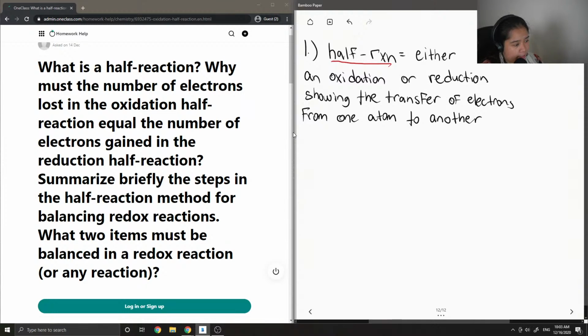So just to answer the second part of the question, why must the number of electrons lost in the oxidation equal the number of electrons gained? Electrons lost is equal to electrons gained, and this is just because of the law of conservation of mass.